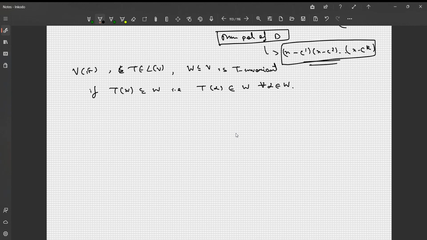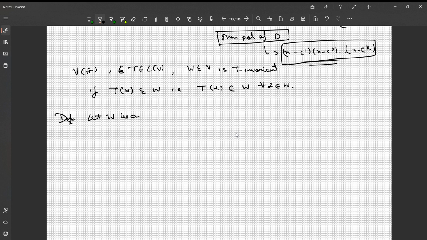One more important thing which we had discussed is what the T conductor of some element alpha is defined as. So if I just go through a quick recall, let us give the definition of what we had said.